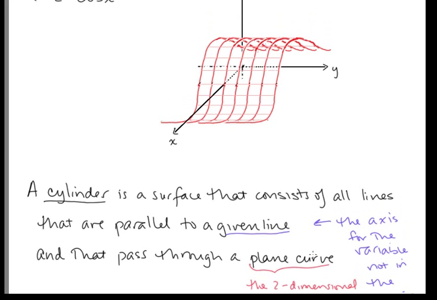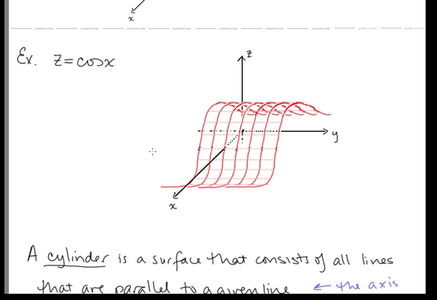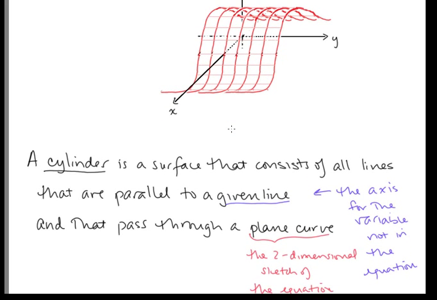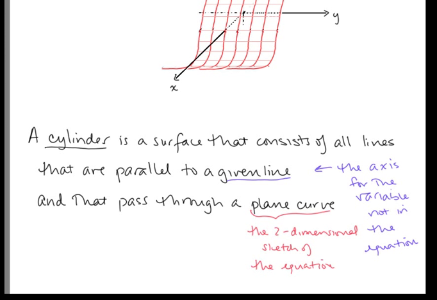So again, here we had z equals cosine x. We first started with our sketch in the xz plane, and then we extended it in the y direction. So that original sketch that we had in the xz plane, that's the plane curve that we're talking about in the definition. Now let's take a look at a couple more examples.